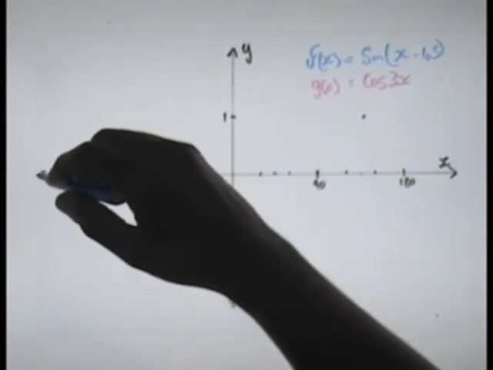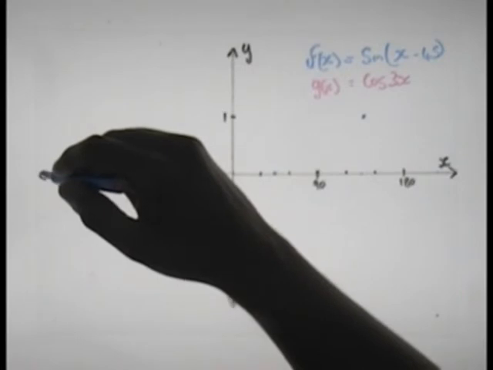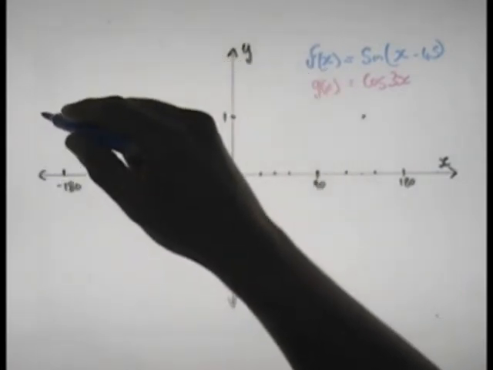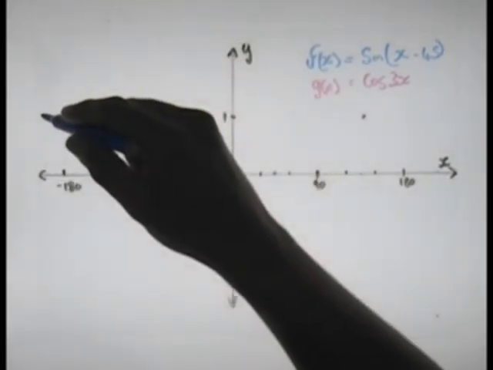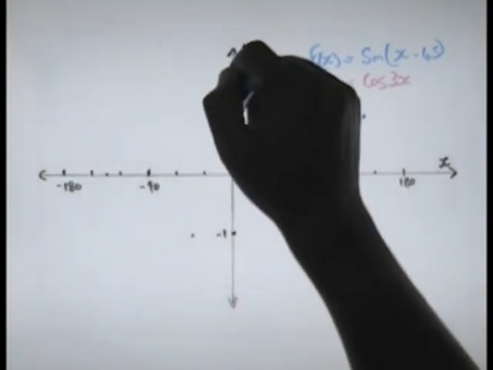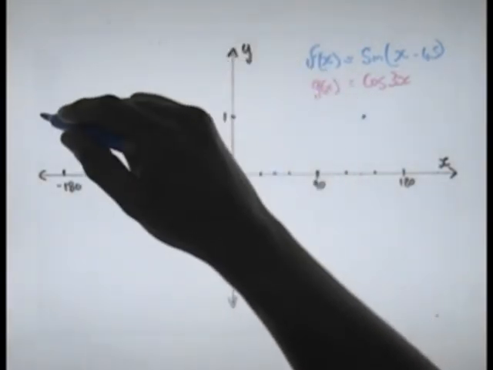And the next one, instead of it peaking at negative 270 degrees, it's going to peak at negative 225 degrees, which is somewhere over there.